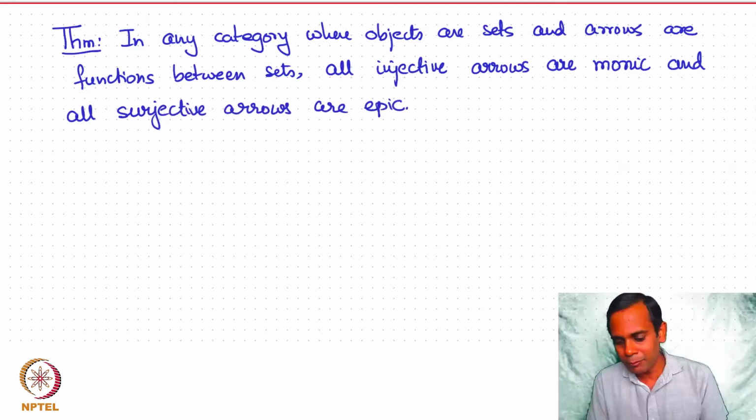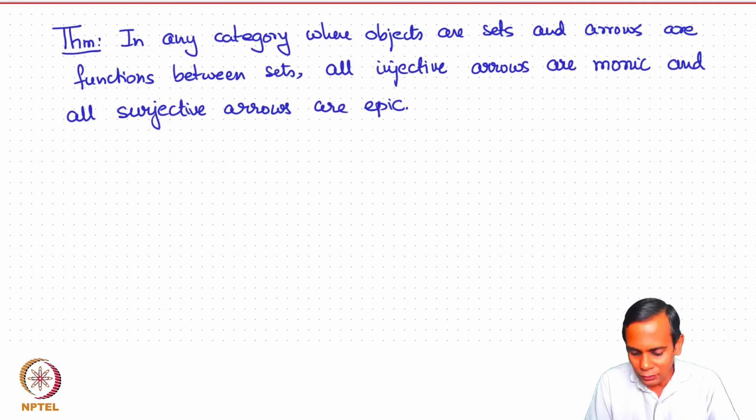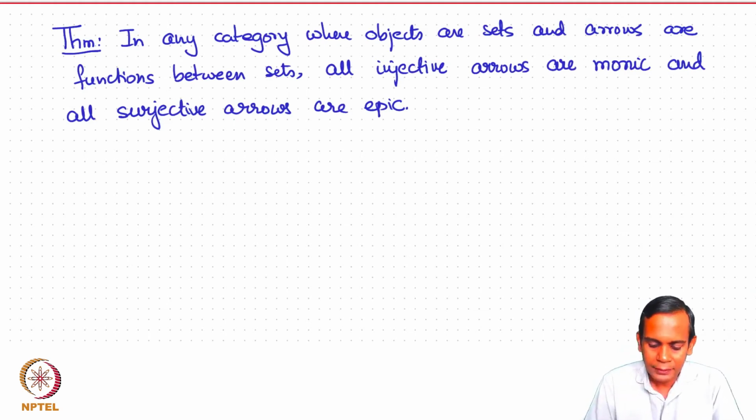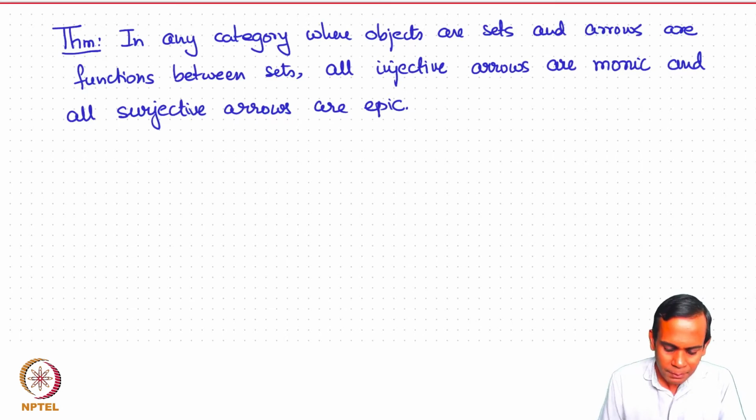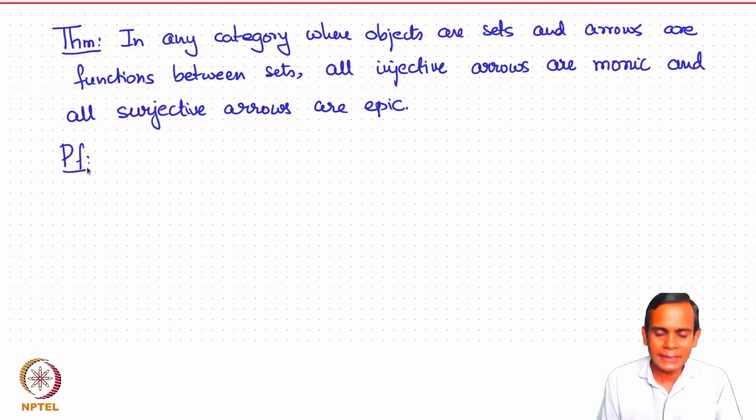Note that I have not claimed the converse. It in fact turns out to be false. It's not true that every monomorphism in such a category is injective, and it's not true that every epimorphism in such a category is surjective. But this part is fairly easy to prove. So actually I don't really need to prove this separately.